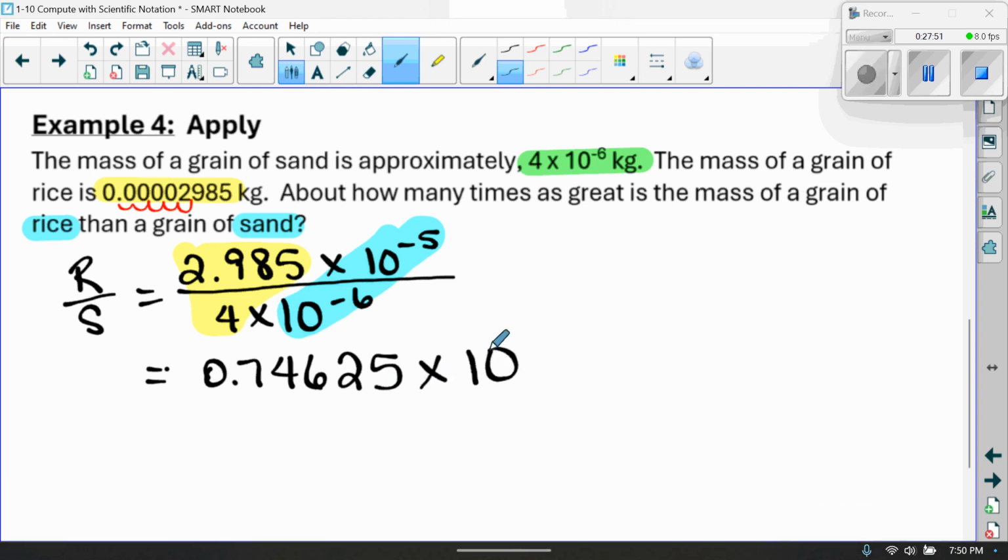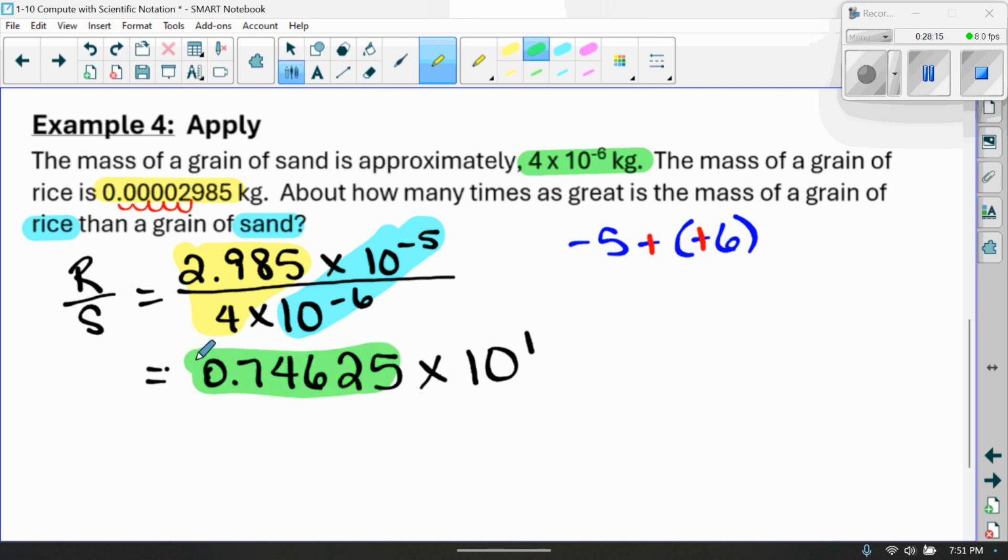Times 10 to the, now I'm going to write this up here. This is negative 5 minus a negative 6. Now remember, you're going to do keep, change, change. So that's going to be a positive 1. Okay, that's a positive 1. So now we want to change back to scientific notation, because you can see this, of course, makes it not scientific notation.